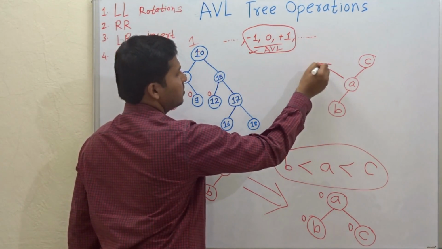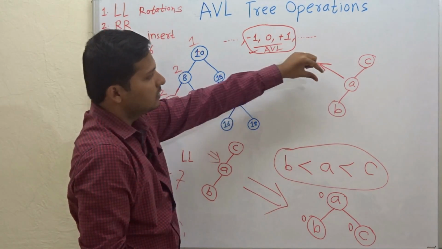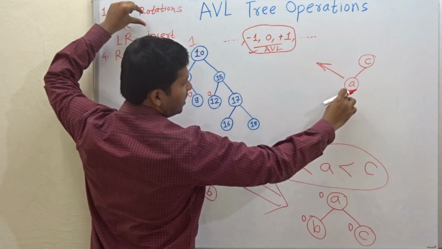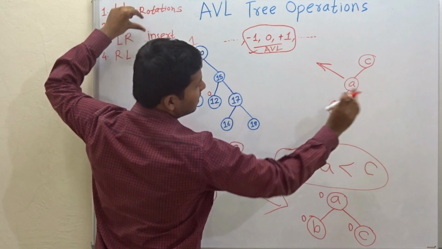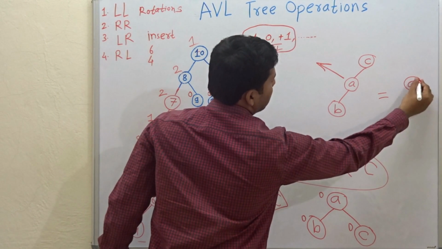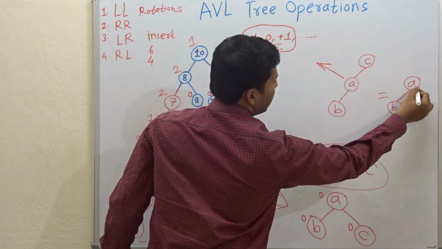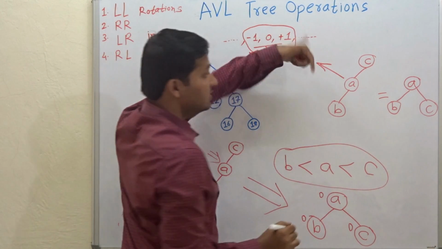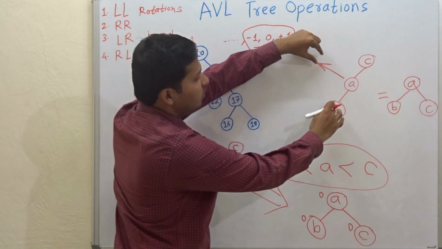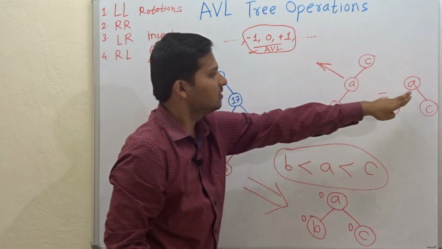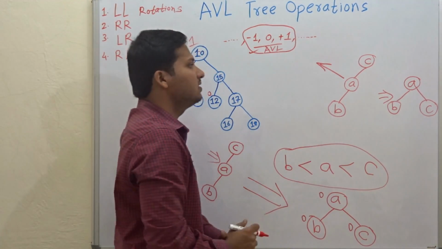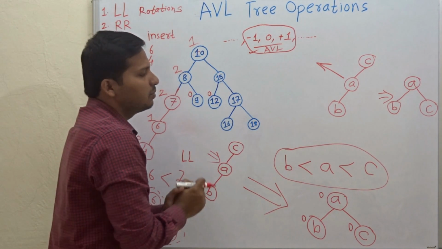So just pull this node A. So you can now imagine if you pull A, then B will be on one side and C will be on the other side. After pulling A, B is on one side and C is on the other side. Just imagine it in this way. If you pull, A goes in the middle, B on one side and C on the other side. So this is the subtree. Converted, means this is the balanced branch now. You can say it is a subtree.